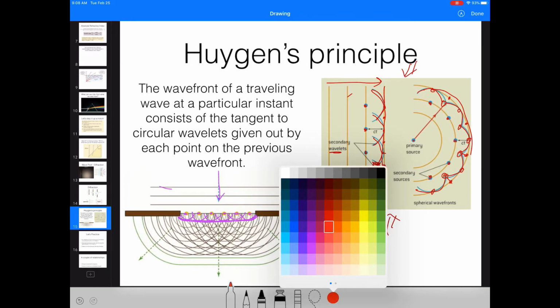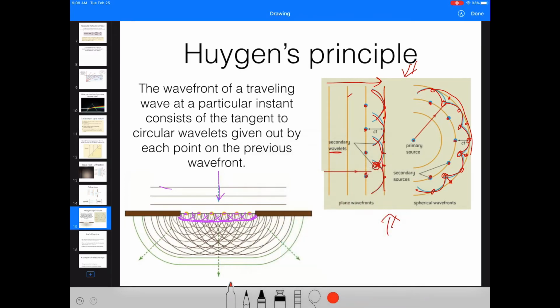Now what's going to happen a couple of seconds later? Let's do another color here. So that circle, which was here, is now spread out a little bit further. So this red is around this one right here. This one right here is around that one. I'm trying to make this clear by using different colors for you, and hopefully this is working.